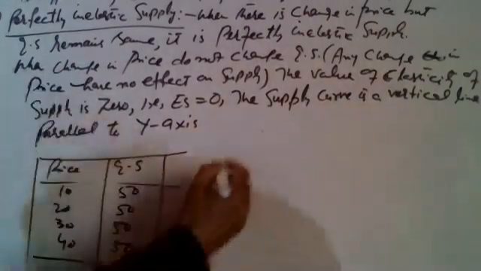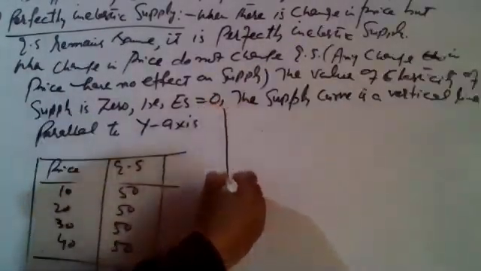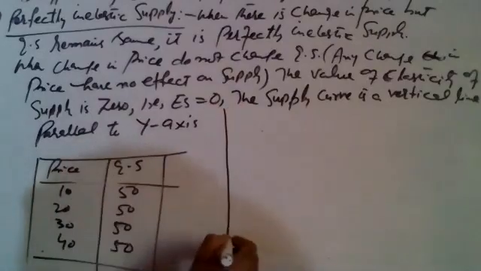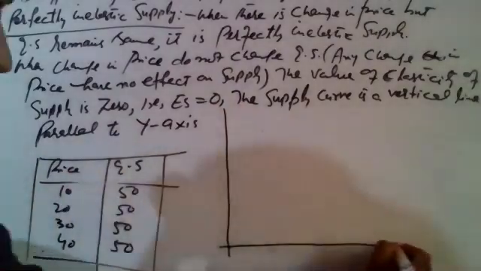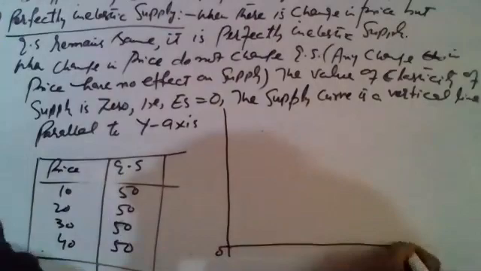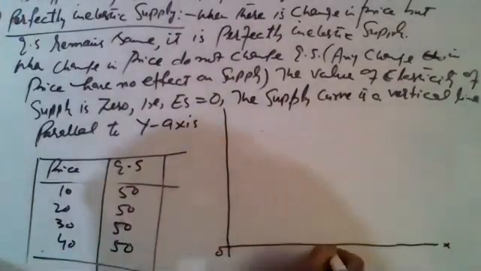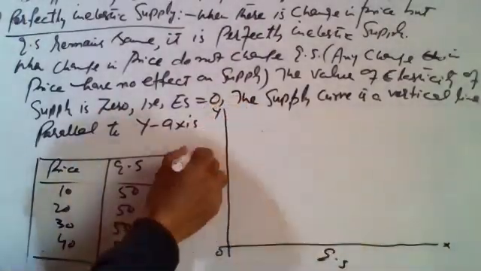Now, what does the diagram look like? OX shows quantity supplied and OY shows price.